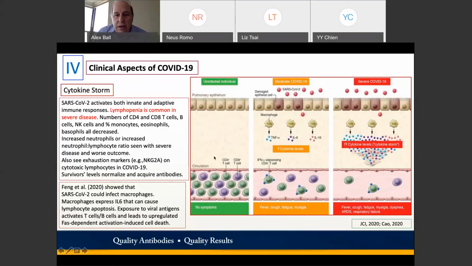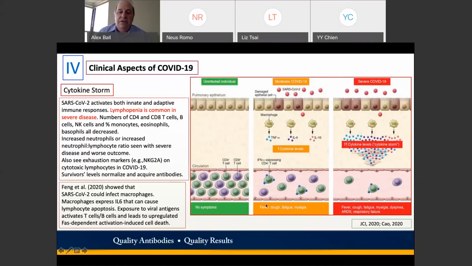So what you see here in this schematic is, in an uninfected individual, say in the lung, the pulmonary epithelium, we see normal numbers of lymphocytes, CD4, CD8 T cells, no symptoms. In moderate COVID-19, you see slightly increased cytokine levels in macrophages, IL-6, and a slight lymphopenia, but nothing severe.